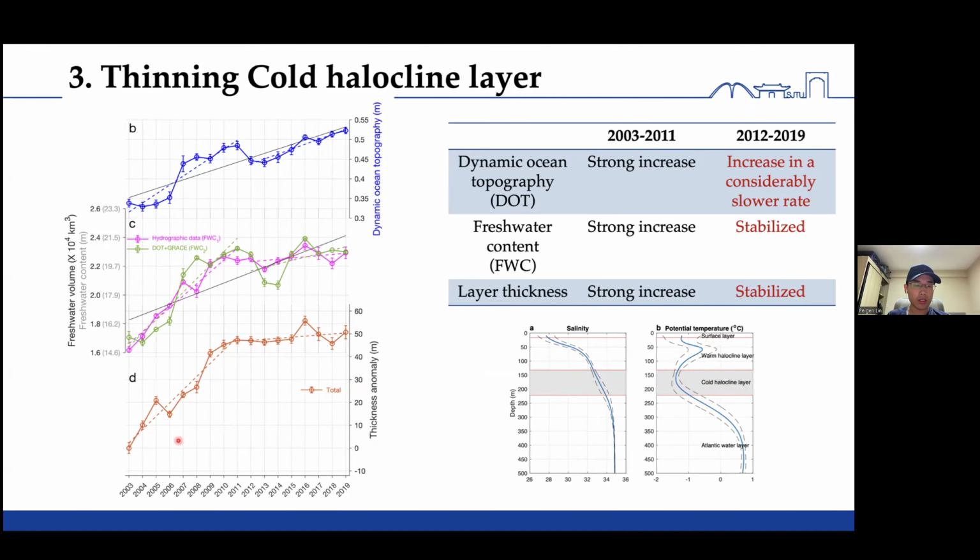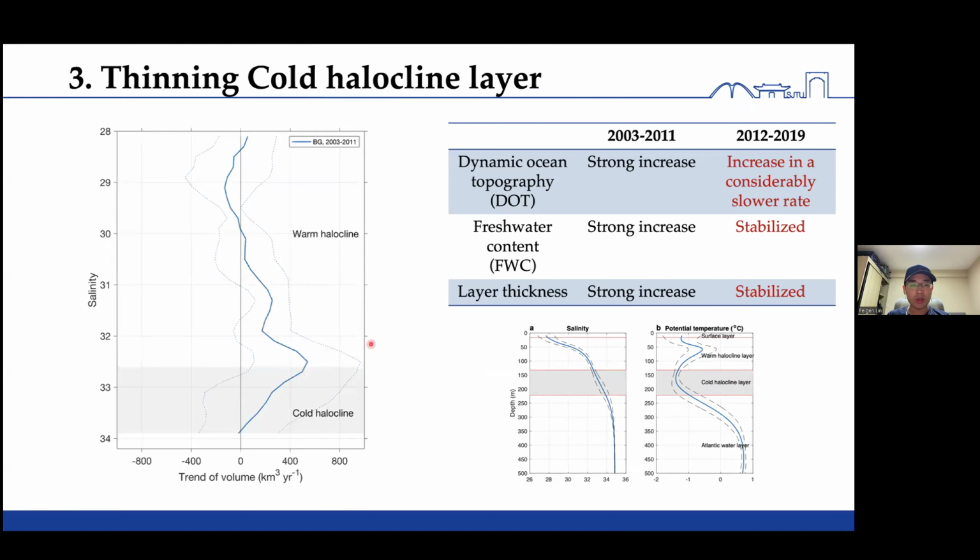So you see that the time series or the variation again looks really similar to the freshwater content and the DOT, right? Dramatically increasing in the early period and it gets stabilized in the second period. If we look into the details, we compute the trend of the volume of the water in each salinity class for the early period.